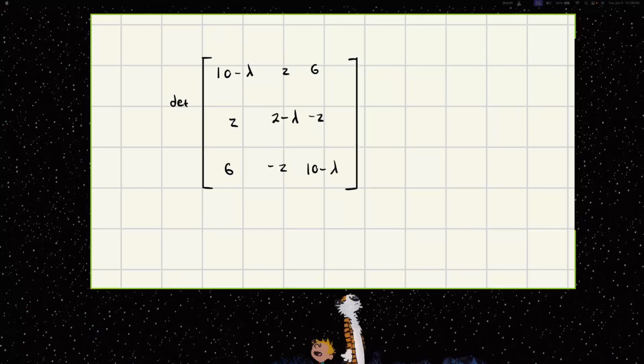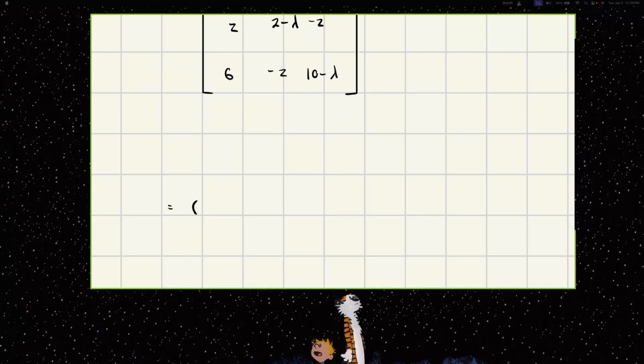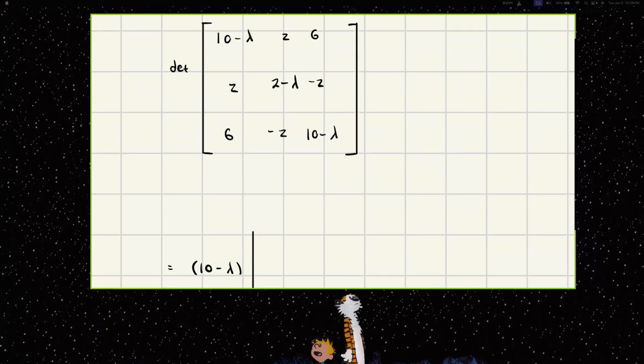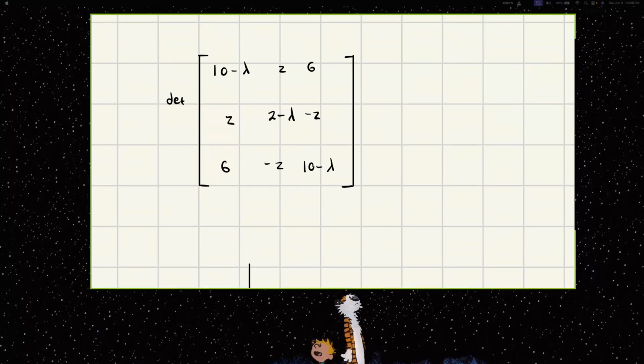So we take this first element, so you can think of this as the ith column, the jth column, and the kth column. So we want to take the first element here of the ith column, so 10 minus lambda in this case, and multiply it by the determinant, and this time I'm going to use this bar notation, but this is the same as det, times the determinant of a smaller 2 by 2 matrix.